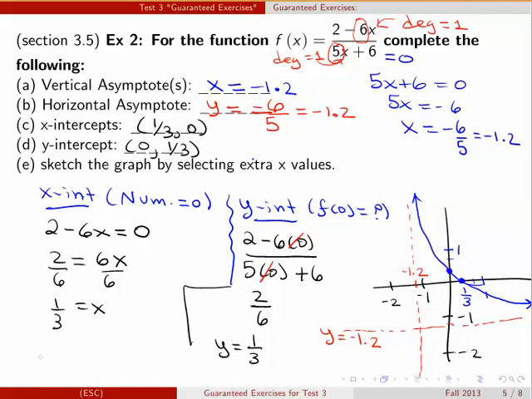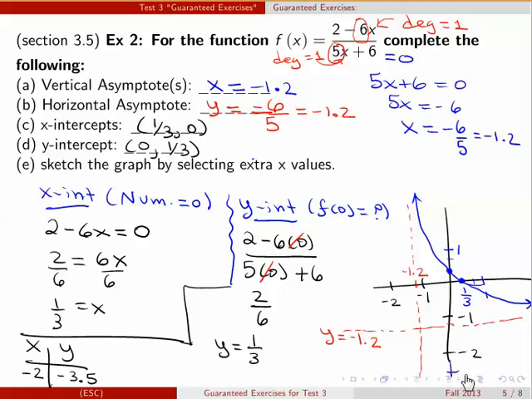You can actually use a calculator for this. The idea is to finish by plugging in another value which is to the left of this asymptote. You can check that if you plug in negative 2 for x, the y value is negative 3.5. Using this extra point, negative 2 gives negative 3.5, which is about here.